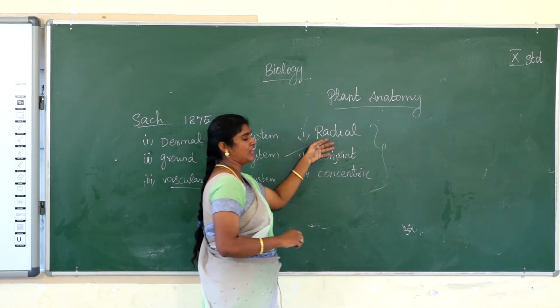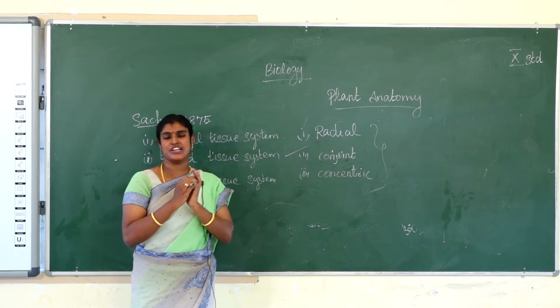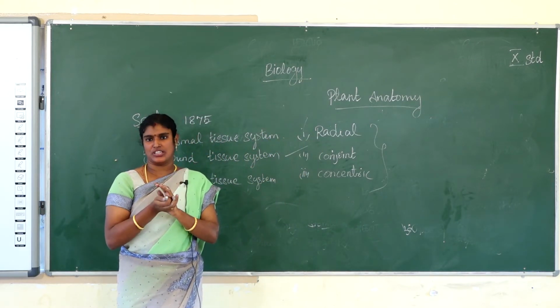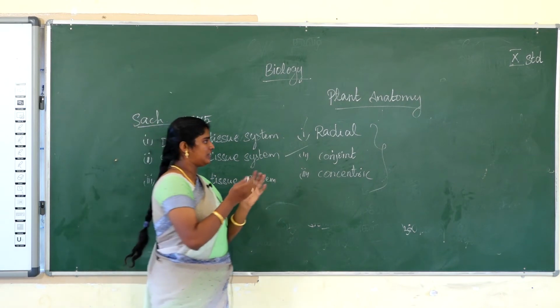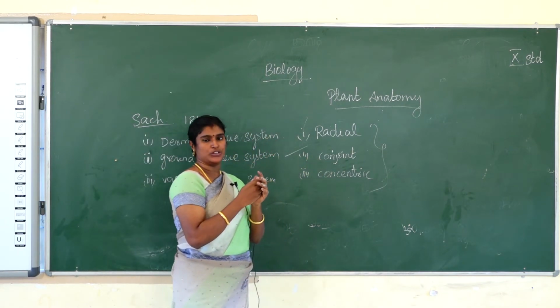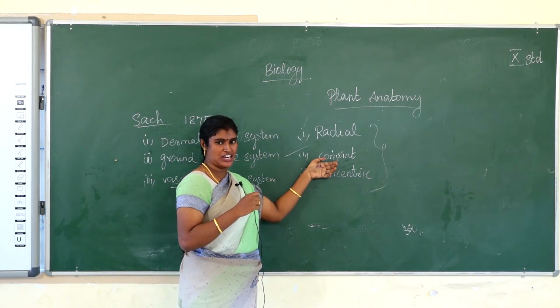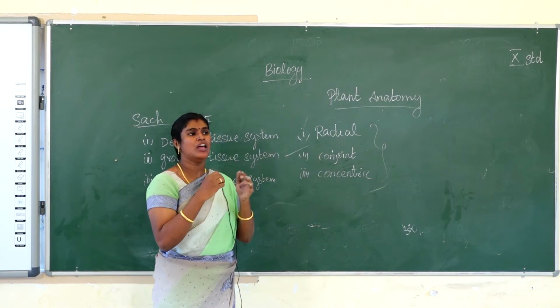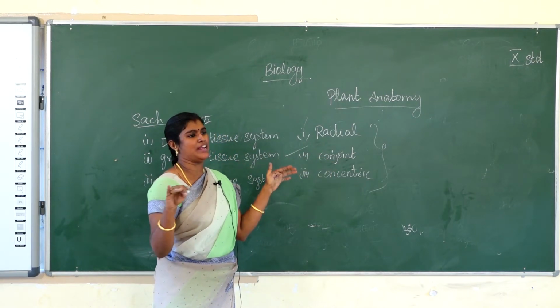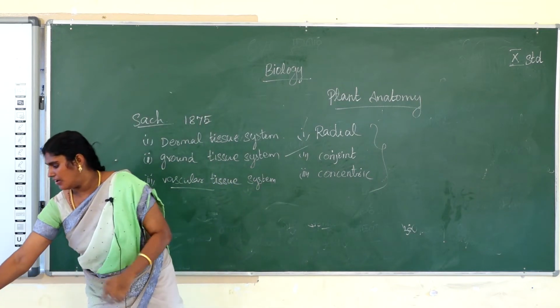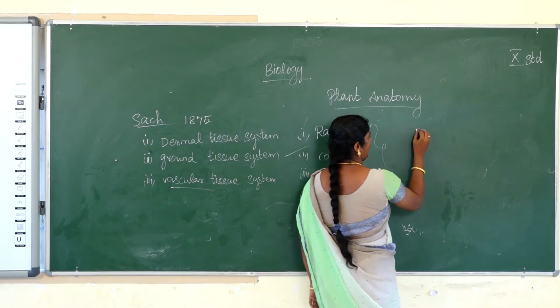First, what is radial? Xylem and phloem are arranged alternating with each other. That is called radial. Example, root. Second one, conjoint. Conjoint means xylem and phloem are arranged on the same radius.